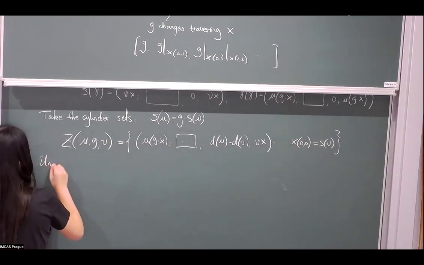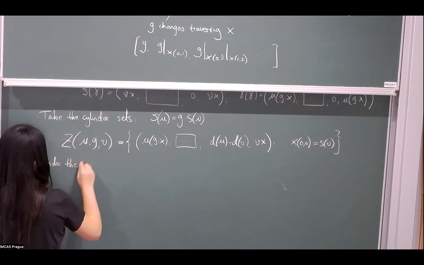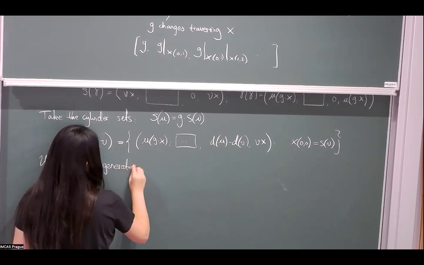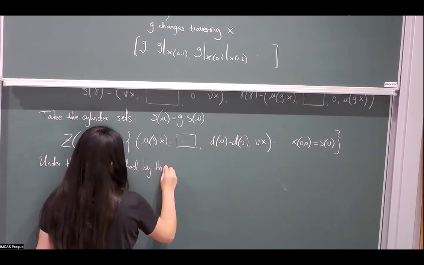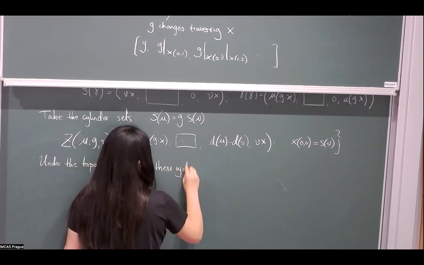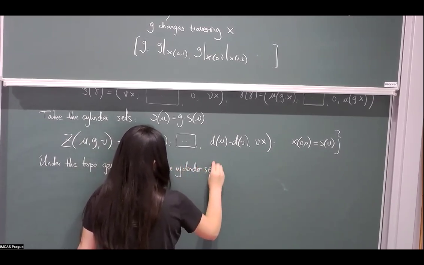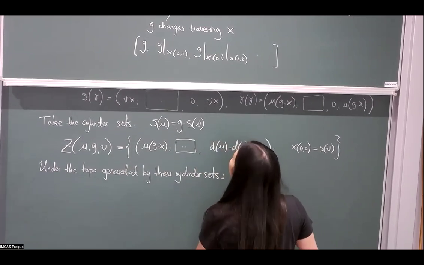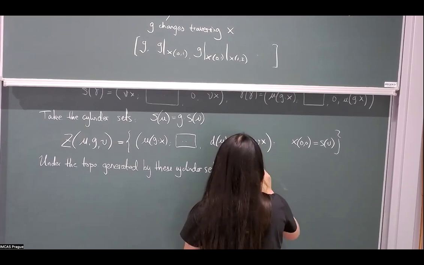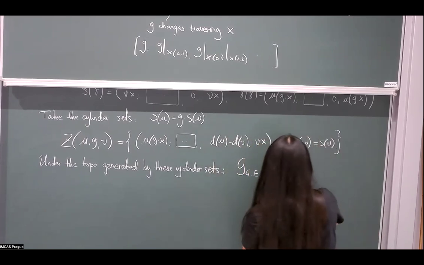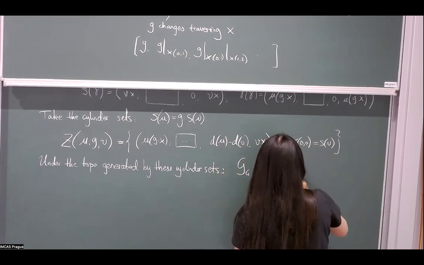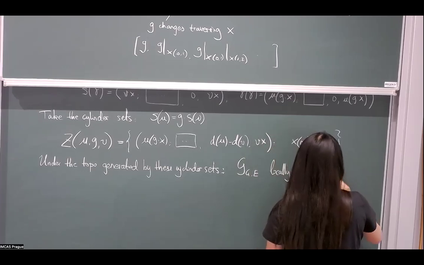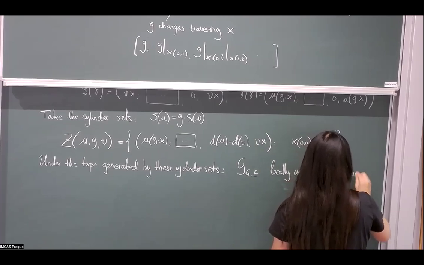So under the topology generated by these cylinder sets, this self-similar graph groupoid G_{G,E} will be a locally compact topological groupoid.